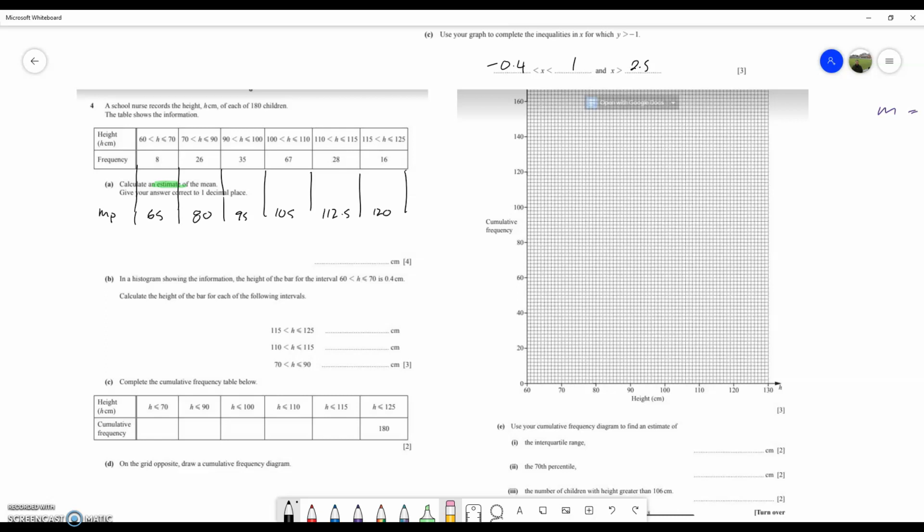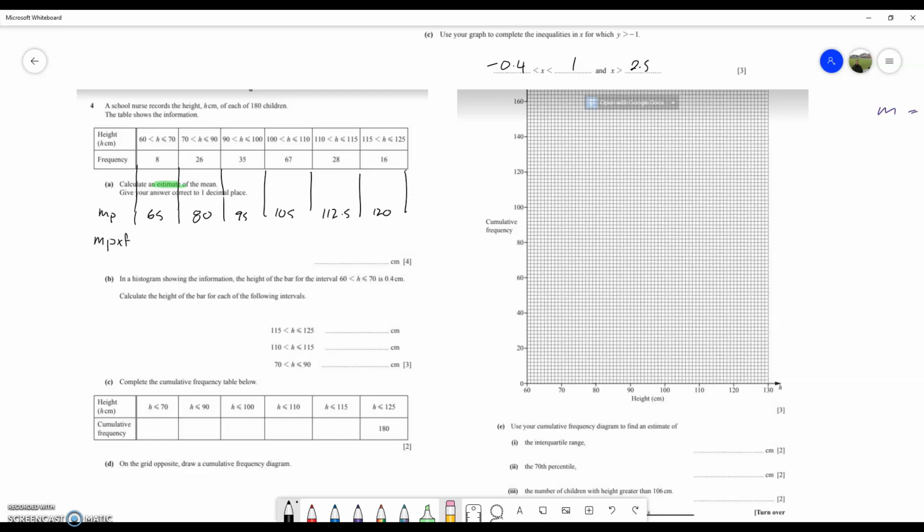Notice that there are no gaps between each of the groups. So if something was 70, it would be included in this left-hand column. If something was 70.1, it would be included in this right-hand column. Now that we've got our midpoints, we can find the total of all the values by taking the midpoint times the frequency.